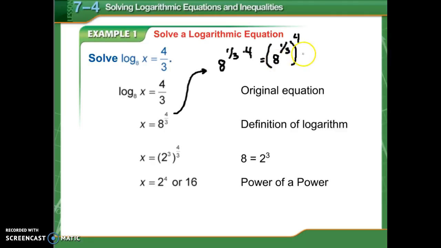And 8 to the 1/3 is just the 3rd root of 8, or the cube root of 8, which is 2. And that's 2 to the 4th power again, which is 16. So if you prefer the way that they show on the screen, go ahead and do it that way. That's perfectly fine. For me personally, I prefer doing these problems the way that I wrote up here. But whichever way you prefer, you'll get the same answer either way.